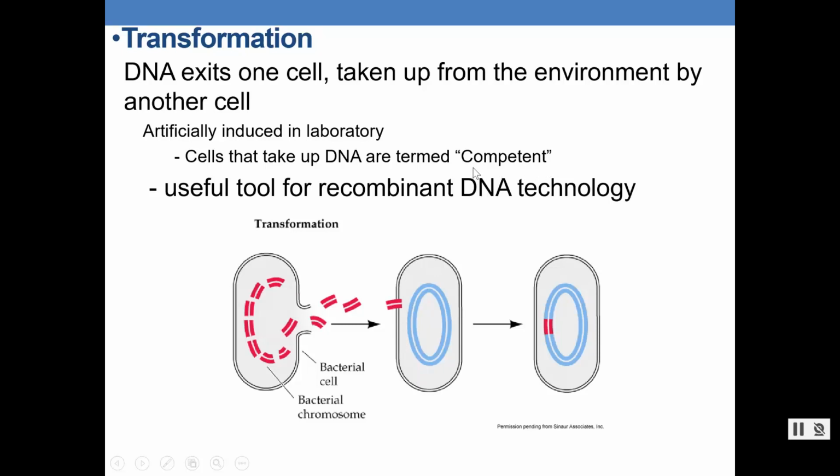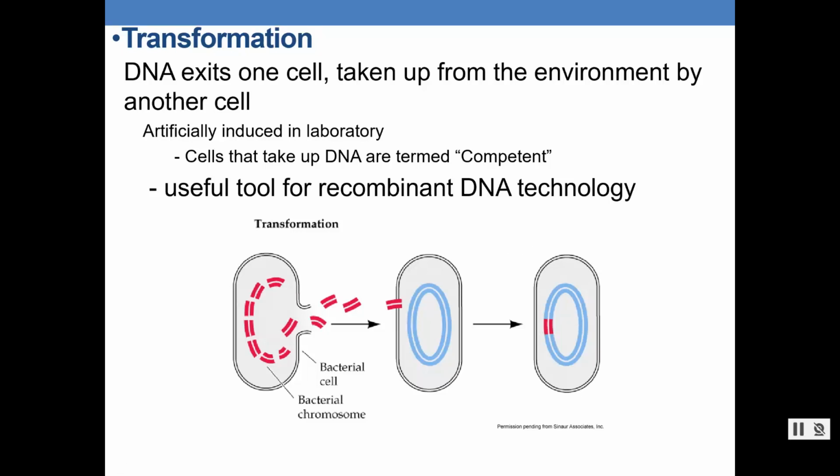Again, not all cells can do this, but certain species are naturally competent, which means they have the ability to pick up DNA from the environment. Now, unlike a plasmid, this little piece gets incorporated into the chromosome, and then it stays with it, and it can be passed on to their progeny by vertical gene transfer. Okay, so this happens naturally for a few species.